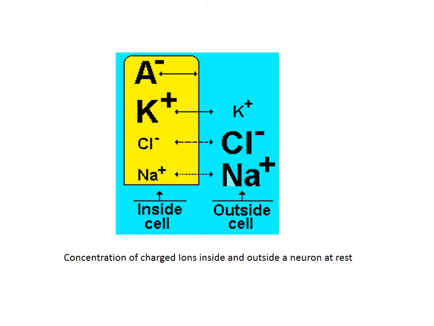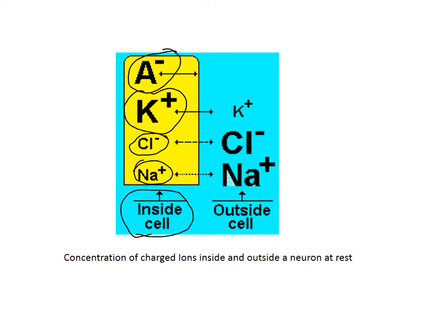This is what I just said in a picture. We look at inside the cell, and the things written in great big font are in big amounts. There's a huge amount of proteins, which are negatively charged, and a huge amount of potassium ions. Not so much chloride and not so much sodium. Then there's, of course, the semi-permeable membrane over here.